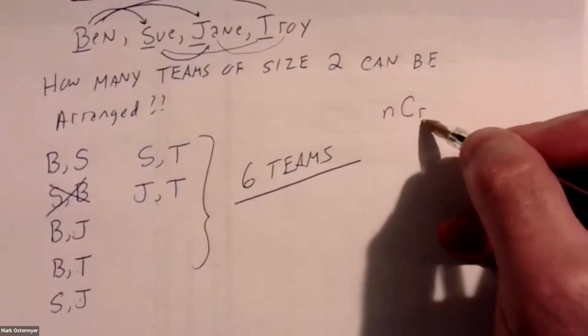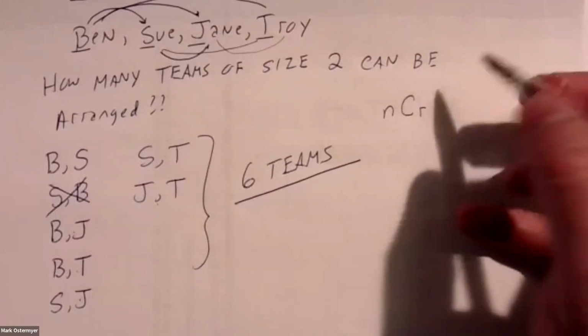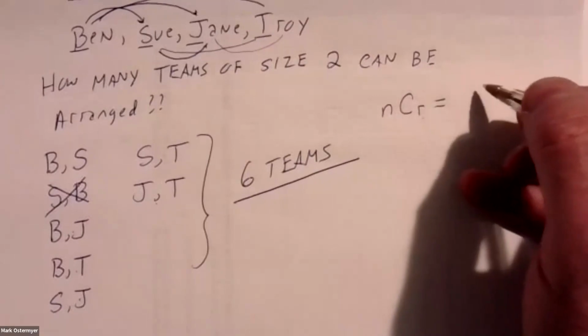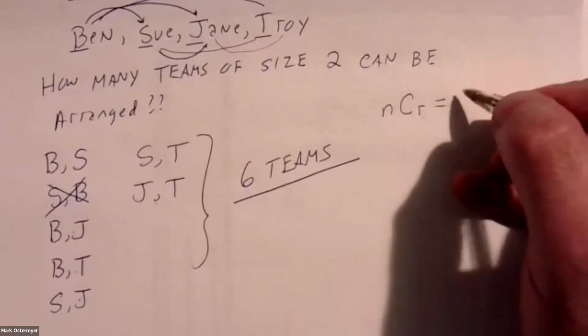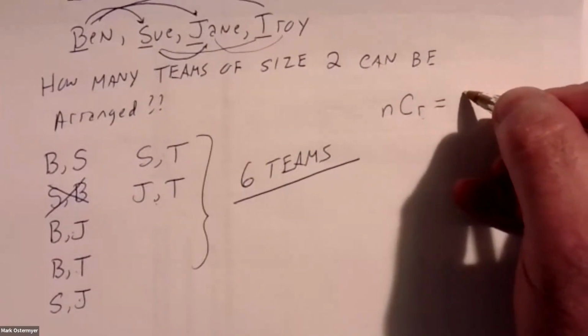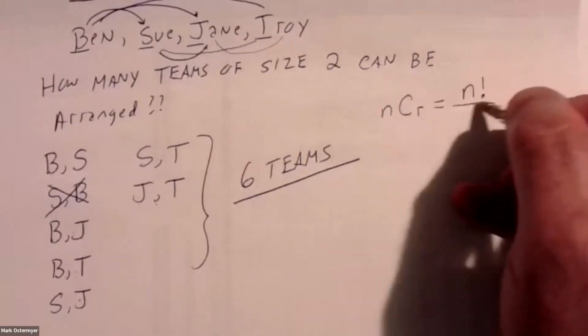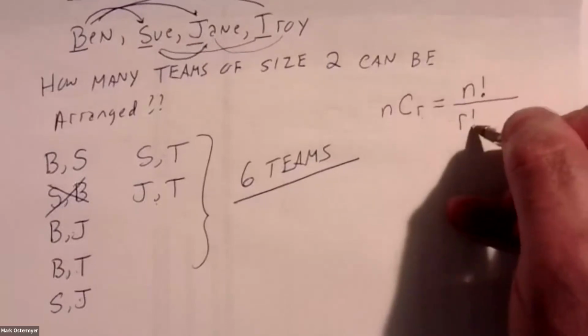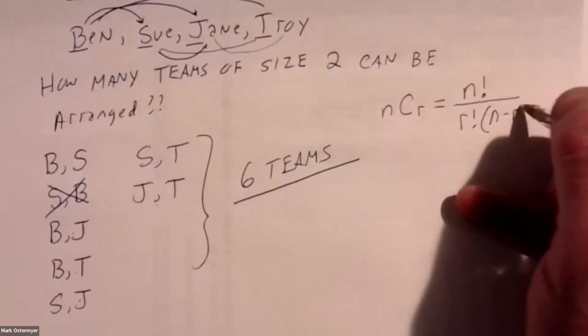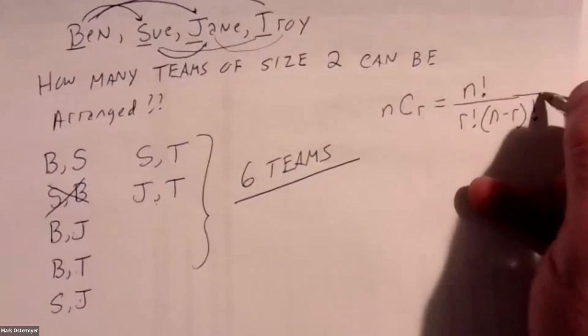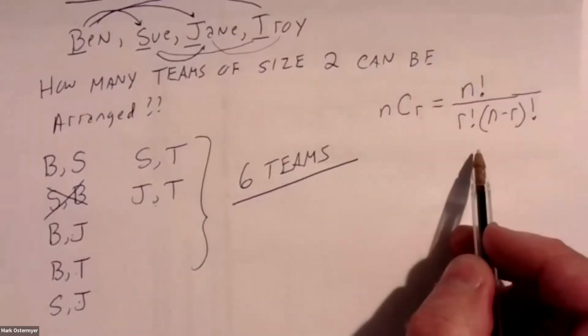The formula does make use of the factorial function, which we touched briefly on when looking at some sequences and series 2 days ago. This is equal technically to N factorial divided by R factorial times (N minus R) quantity factorial. That's called the combination formula.